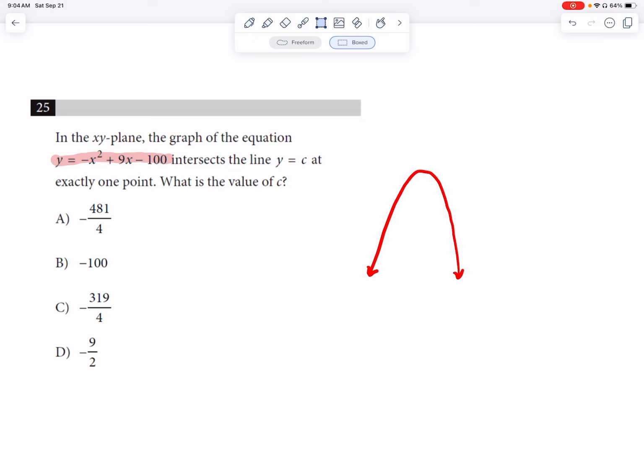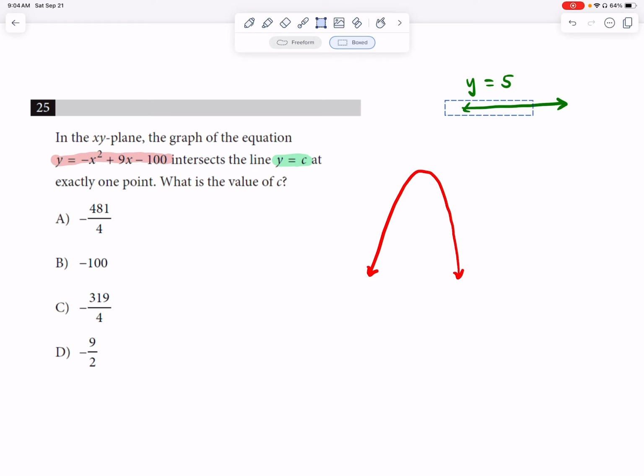Anyway, this parabola is supposed to intersect a line y equals c at exactly 1 point. So y equals c is a horizontal line. For example, if it's y equals 5, it is a horizontal line that goes through the y coordinate of 5.